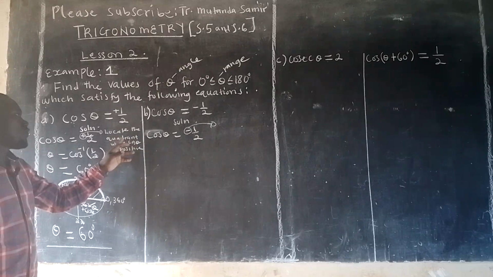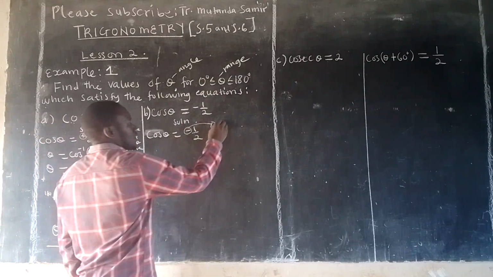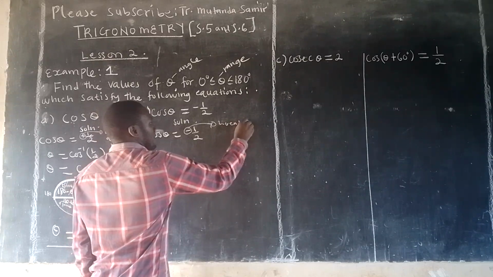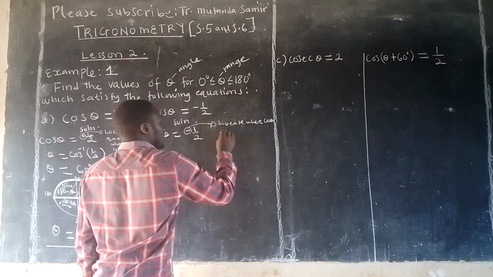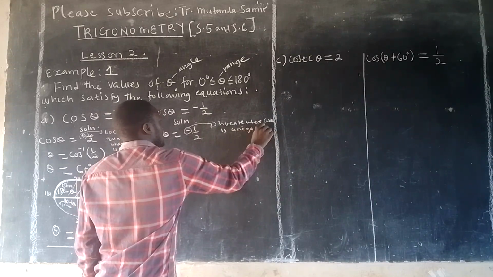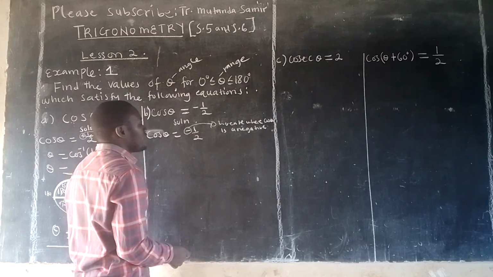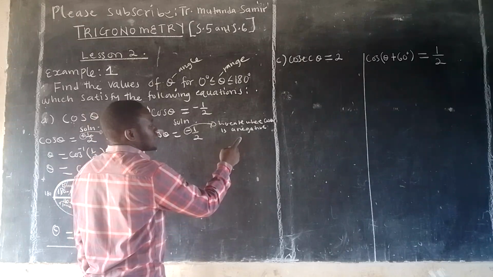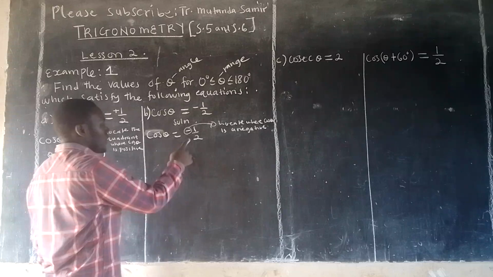It helps you to locate the quadrant where cos theta is negative. Having done that, let's see where cos theta is negative. Of course, a quadrant. Having done that, let's now go and get the inverse.